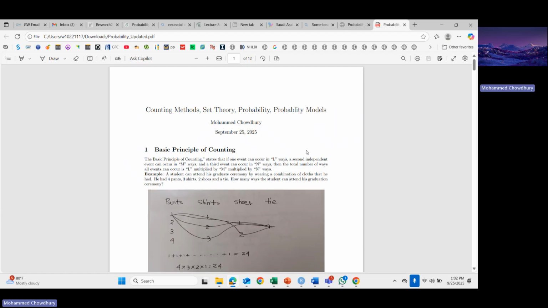October 9th, it will be open until 11:59 of Sunday.